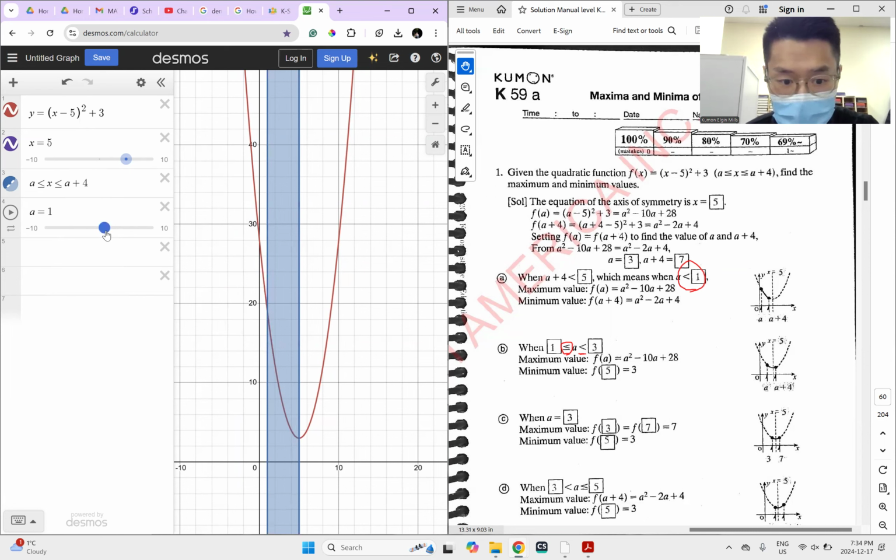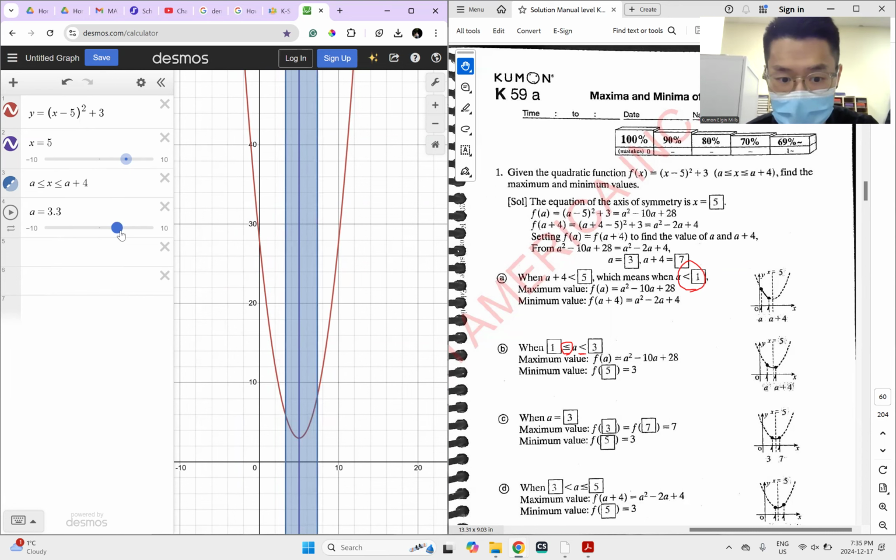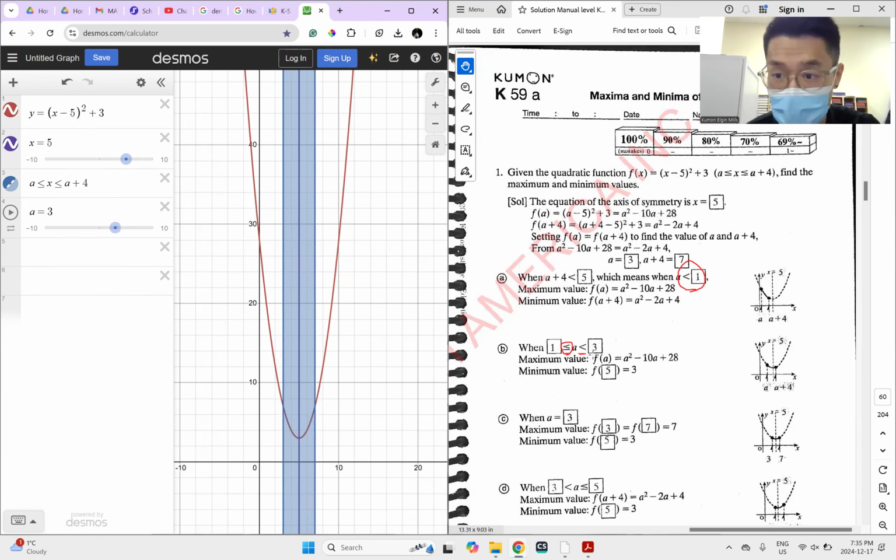And as it goes along, the minimum point is always going to be over here as well, my vertex. But my maximum point is still on my left side, up until the stage of the indifference, which is 3. When a is equal to 3, I will now have the maximum point at a equal to 3.